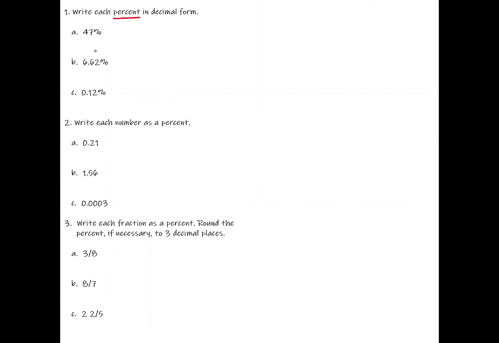So, like I said, percent literally means per 100 or parts per 100. So you say X percent is the same as X over 100. So 47% is the same as 47 over 100. Now, fraction means division. So if you have a number over 100, that means you take that number and divide by 100.